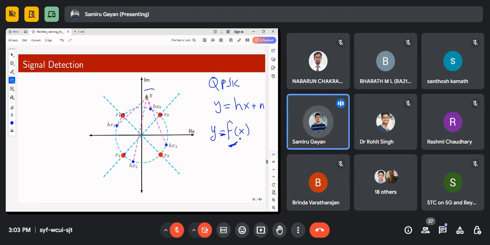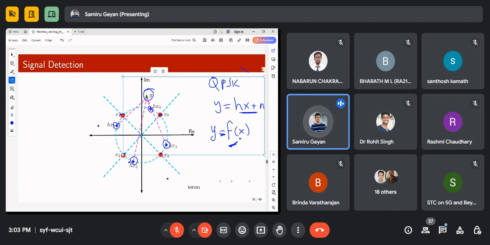Now, if we assume that we know the channel, or coherent detection, the channel rotates whatever symbol we transmitted. So when it is rotated by the channel, it comes down to these places, and our received signal lies here.